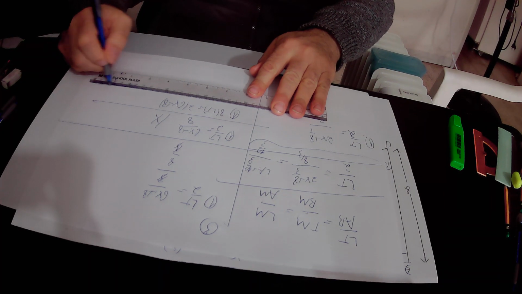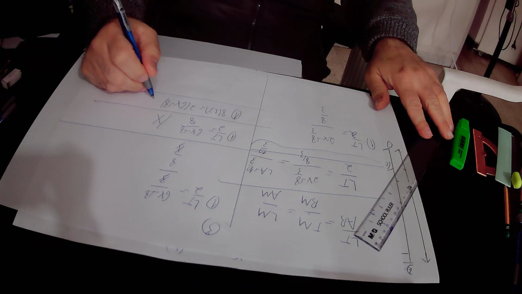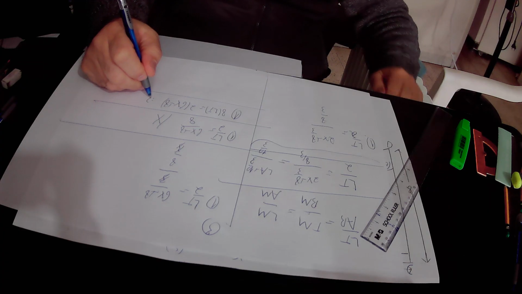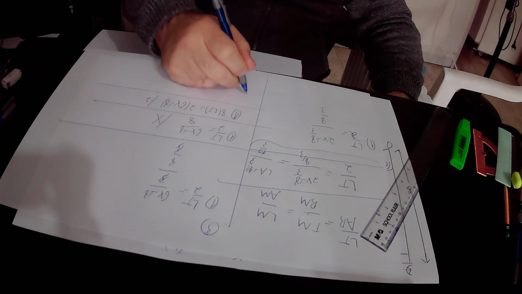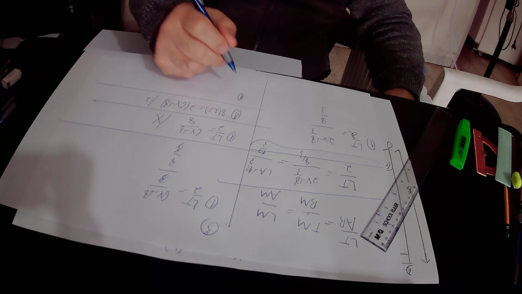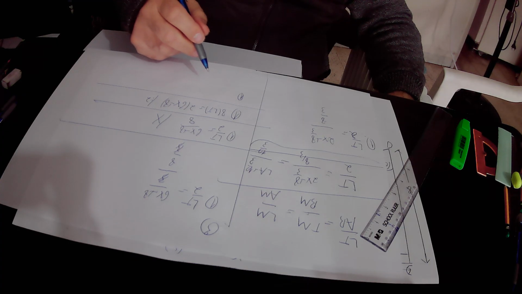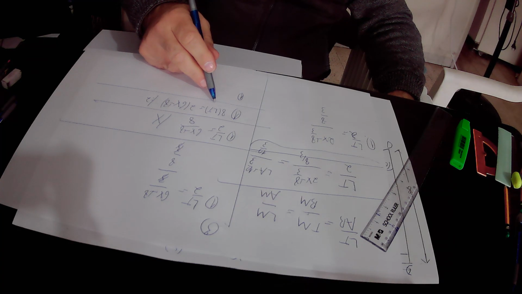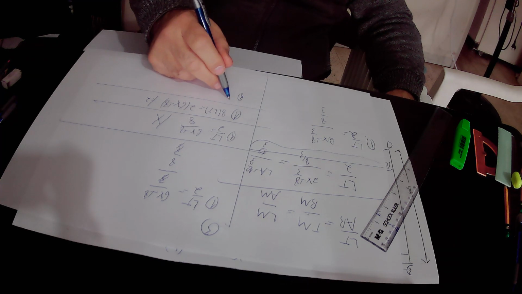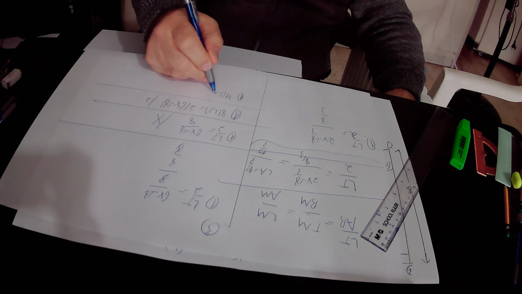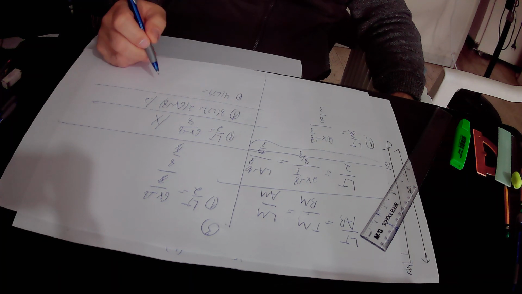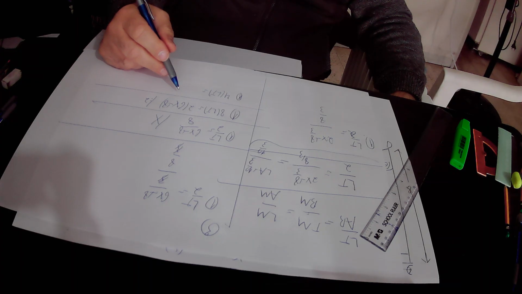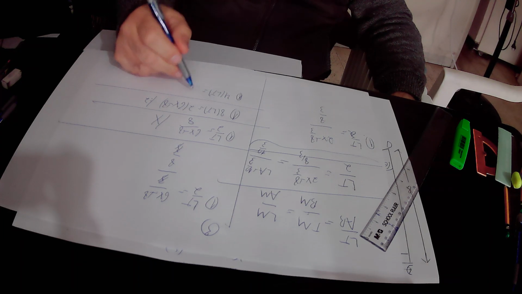Here we divide this equation by 2, and 8 over 2 is 4, so on this side we have 4LT, which equals, on the other side, 2 over 2 is 1, so we are left with 6x plus 8.